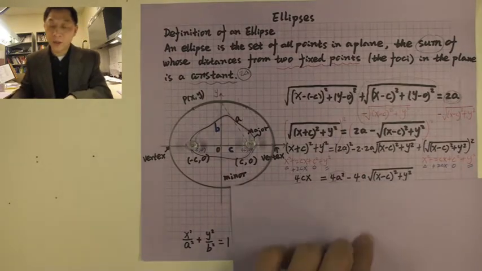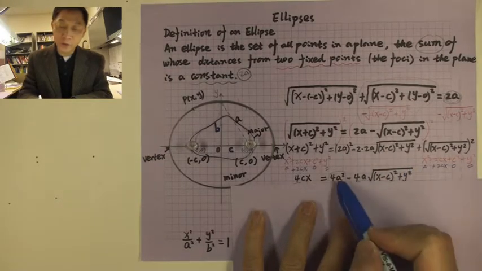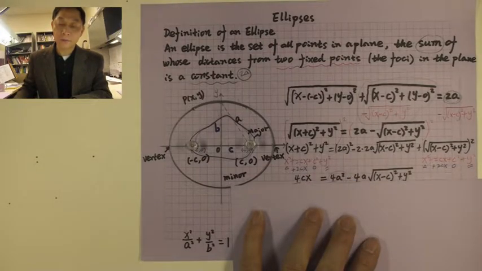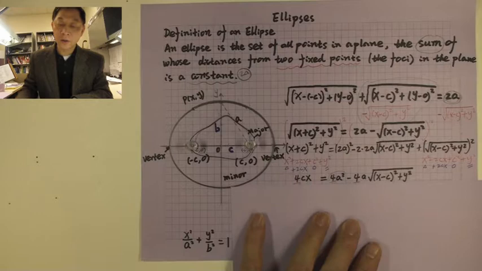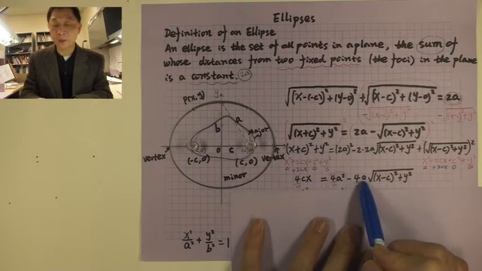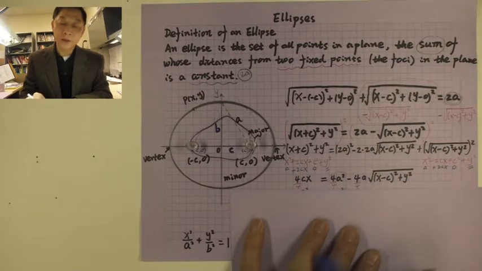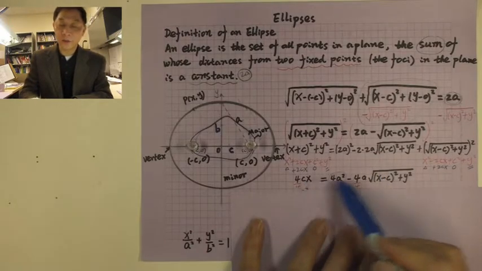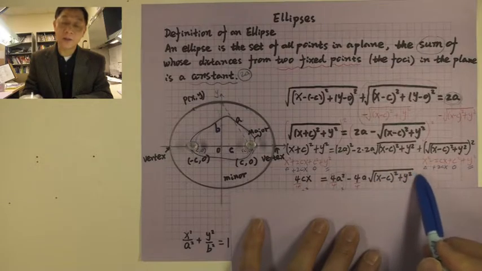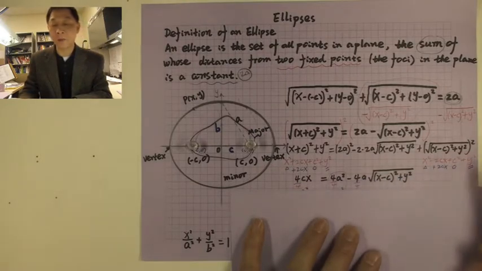Now, we need to get rid of this square root sign. So we take this one to the left. Before we do that, you see they all have a 4. So we divide 4 from all of them, we get 1. And 1 times anything is that thing. So then what we have is cx equals a squared minus a times this quantity. Remember, we just want to get rid of 4 at this step.